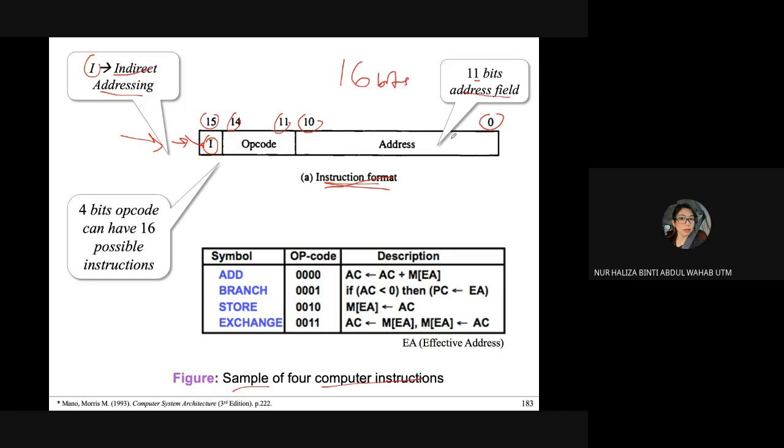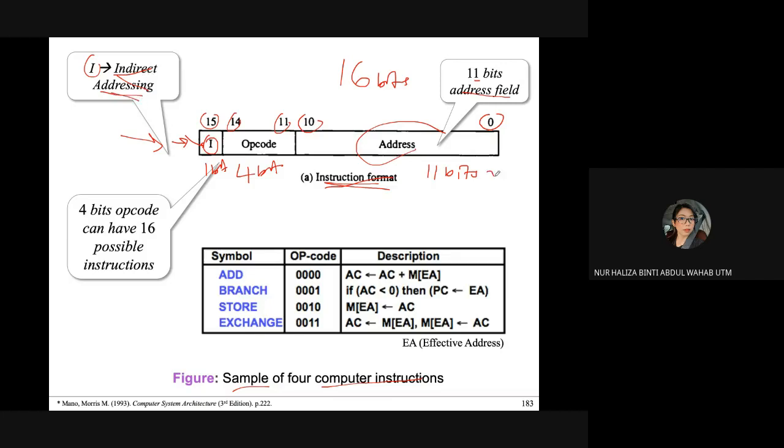isn't it? So for your address you allocate 11 bits. For your opcode, you have 4 bits, and lastly you have 1 bit for your indirect addressing.